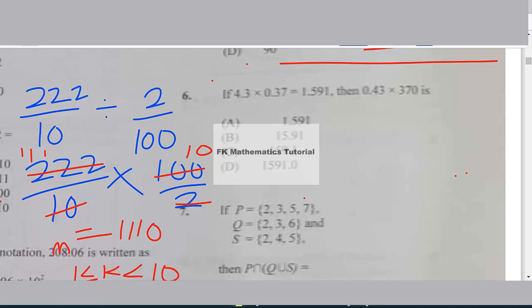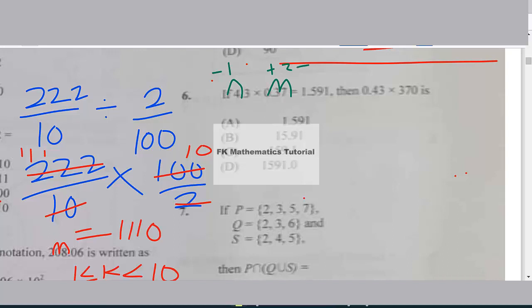So you could see that over here we move the decimal point backwards 1. Then over here the decimal point has been moved forward twice. So we have -1, then we have +2.